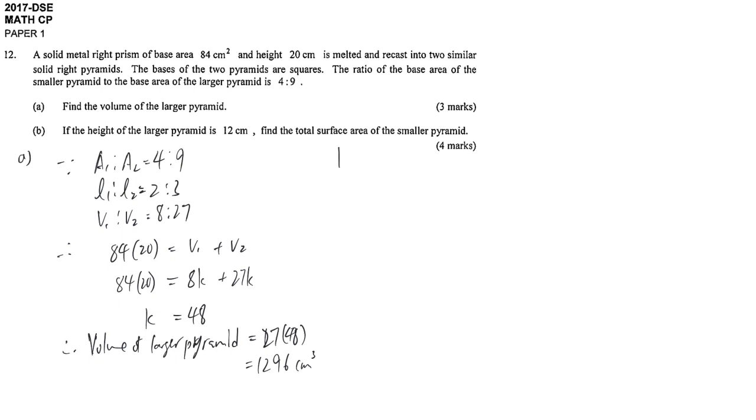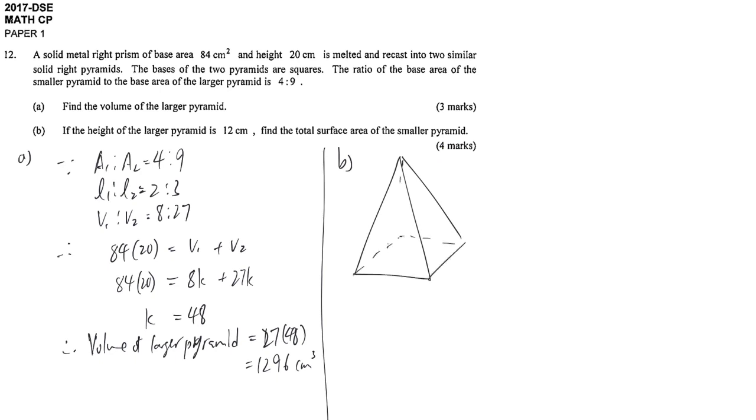And then part B. In part B, they give you more information about the larger pyramid. After that, you have to find out the total surface area of the smaller pyramid. So in this case, we draw the larger pyramid, and don't forget the base is square.